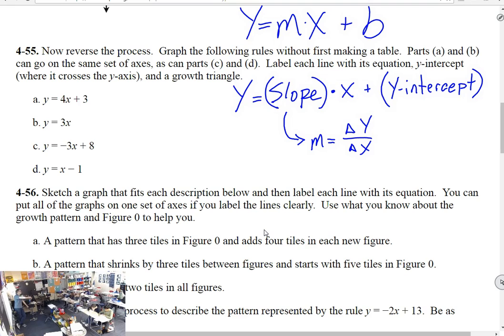So try this on your graph paper. For each of these, just make yourself a little XY coordinate grid. Plot your y-intercept on, and then show your growth. I'll give you 2 minutes. I'm probably just going to show you guys the answer and take questions if you need to. So make sure you're working with your partner, checking that you have the same stuff.